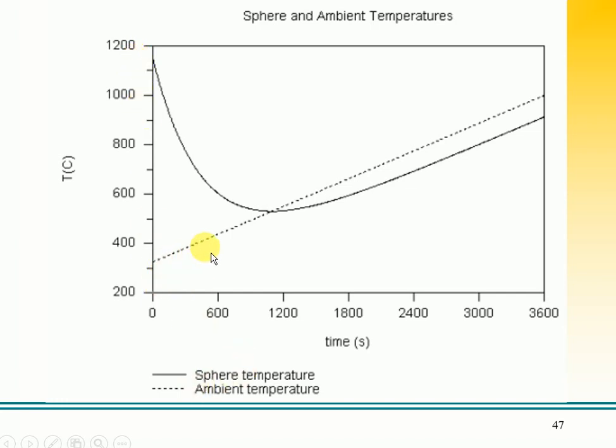If you see the ambient conditions, it is a straight dotted line, and then the sphere temperature first decreases, then becomes slightly increased and becomes constant. At this point, about time t is equal to 1100 seconds, both the temperatures of the ambient and sphere are in equilibrium.